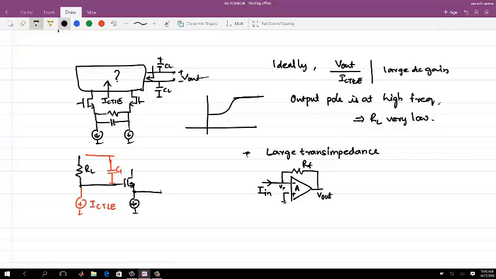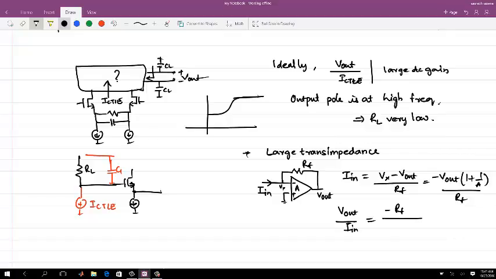You have this Vx, so Iin is equal to Vx minus Vout by RF, and if A is a gain block, Vx is Vout by A, minus Vout by A, which is minus Vout into 1 plus 1 by A by RF. So you have Vout by Iin equal to RF, negative sign is fine, we can always use differential to get the right sign.